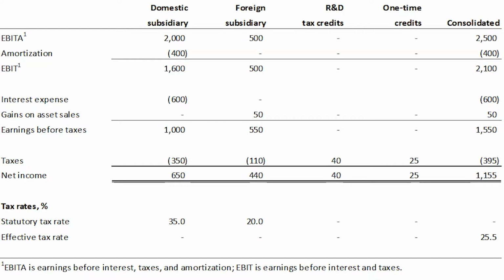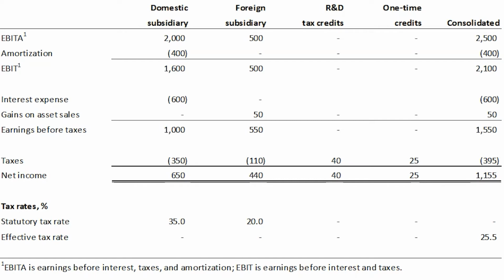So in the domestic subsidiary, the statutory rate in the US is 35%, so we pay 350 million in taxes on $1 billion in earnings for net income of 650 million. In the foreign subsidiary, the foreign tax rate is 20%, so we pay 20% on 550 million earnings, or 110 million in taxes, 440 million in total net income there.